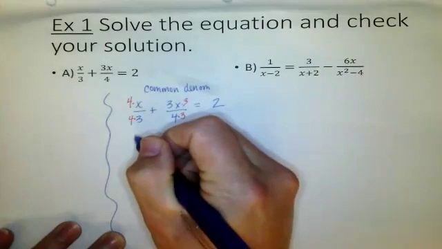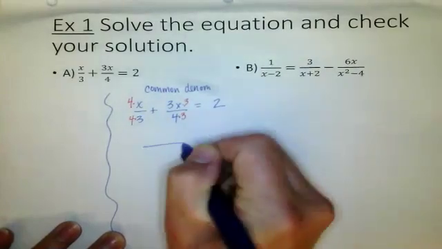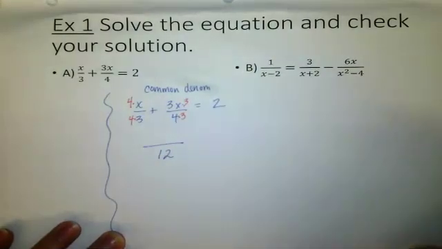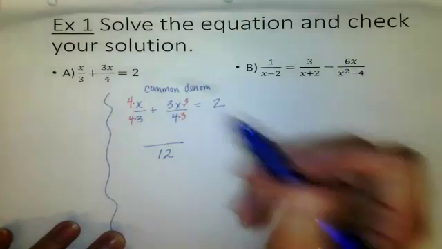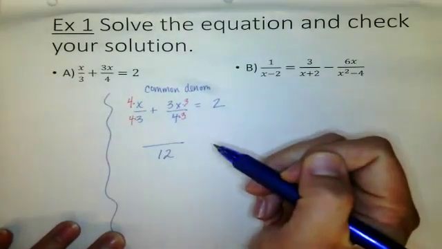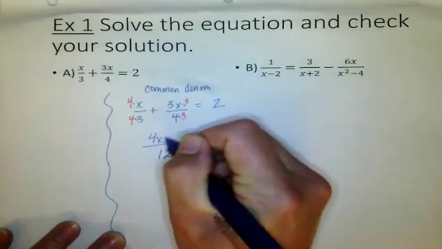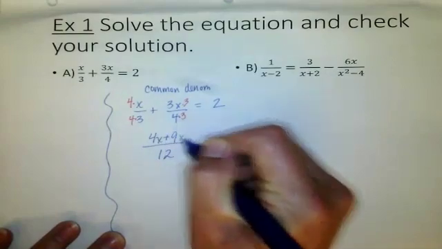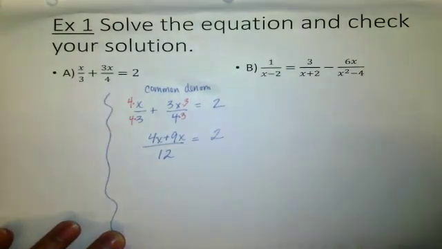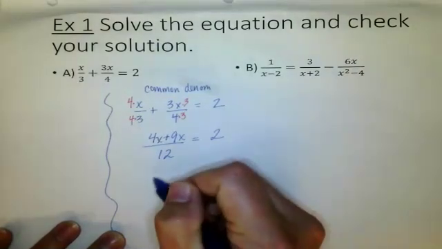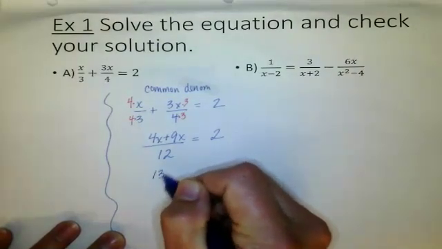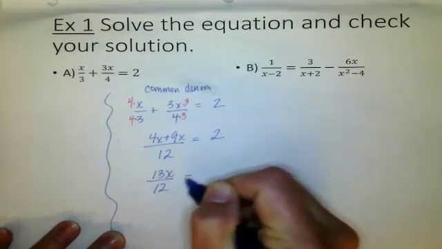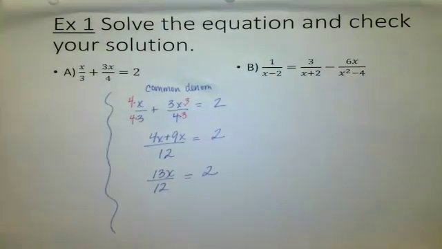That's going to give me a common denominator of 12. And what's in the numerator? 4x plus 9x. And then, of course, 4x plus 9x is 13x over 12. So you can absolutely work fractions just by getting a common denominator.